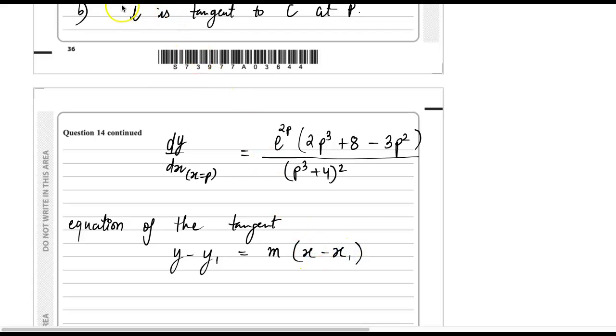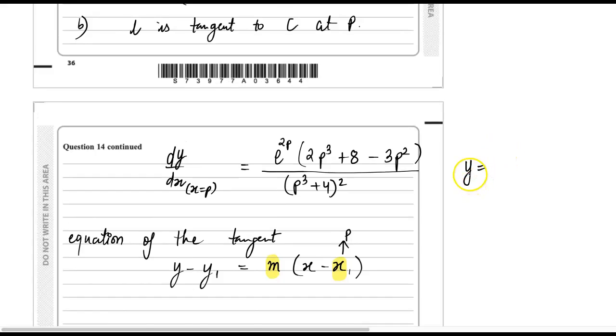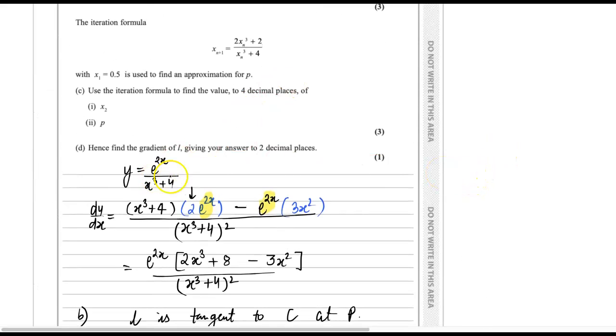This big thing is m here. x1 is p. y1 we don't know, but if we substitute p as the value of x, we're going to get the value of y.